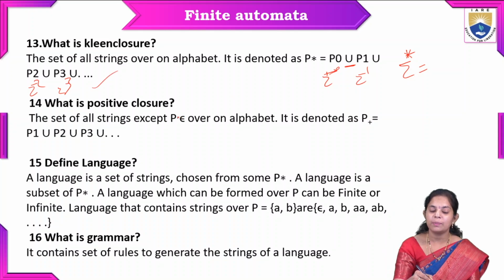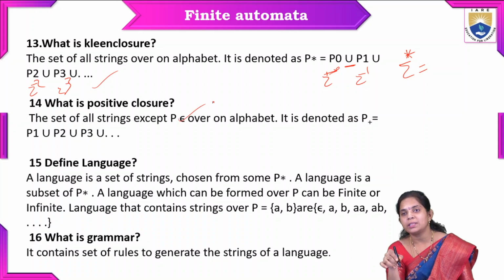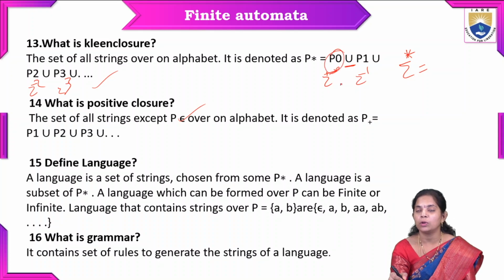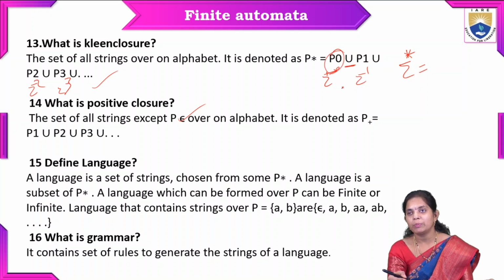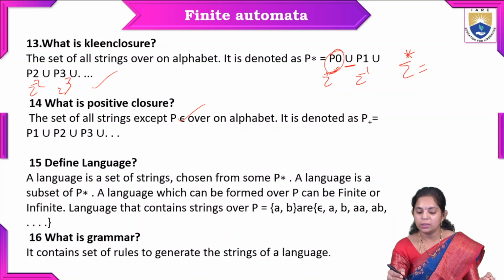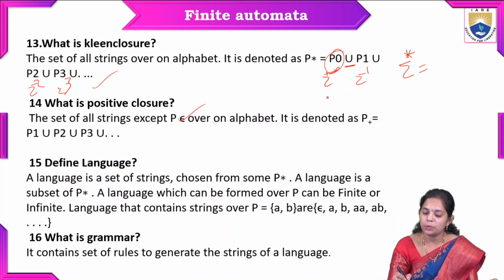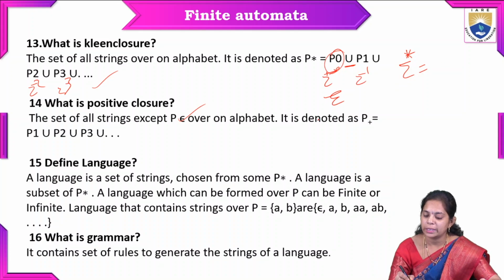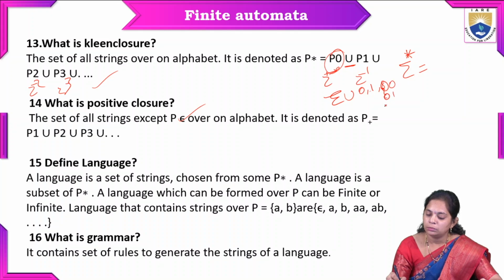And next, what is the positive closure? In the positive closure we are excluding sigma 0. The difference between positive closure and Kleene closure is that in the Kleene closure we include the epsilon symbol. Suppose epsilon is there, and union 0, 1, and 0 0, 0 1, 1 0, 1 1.